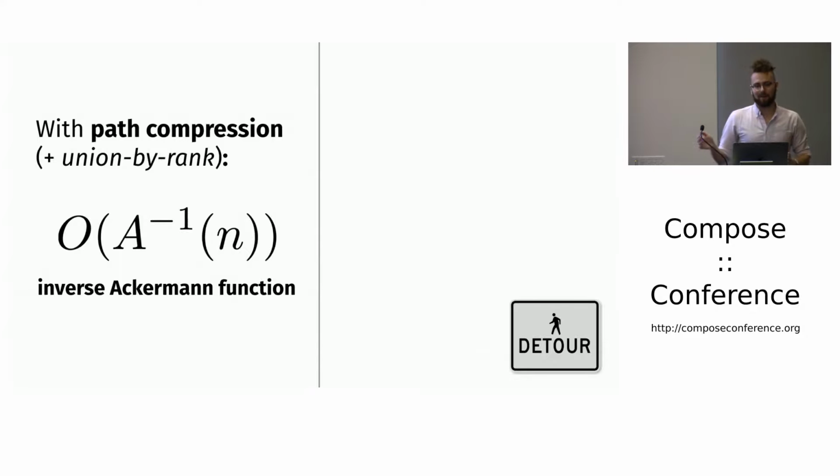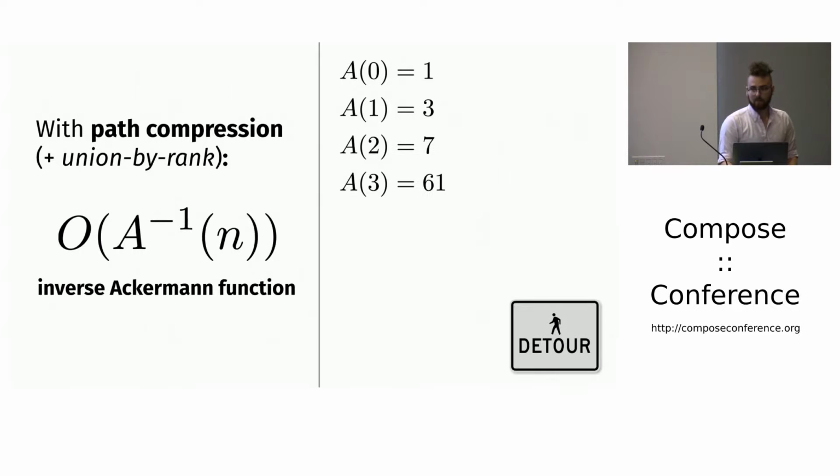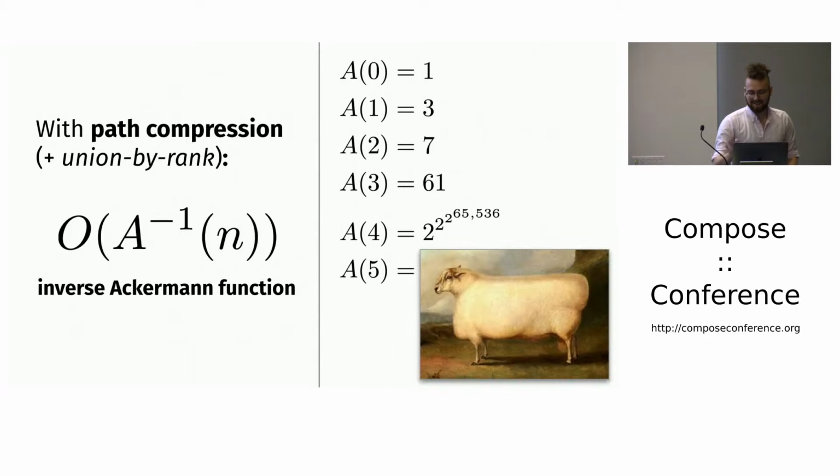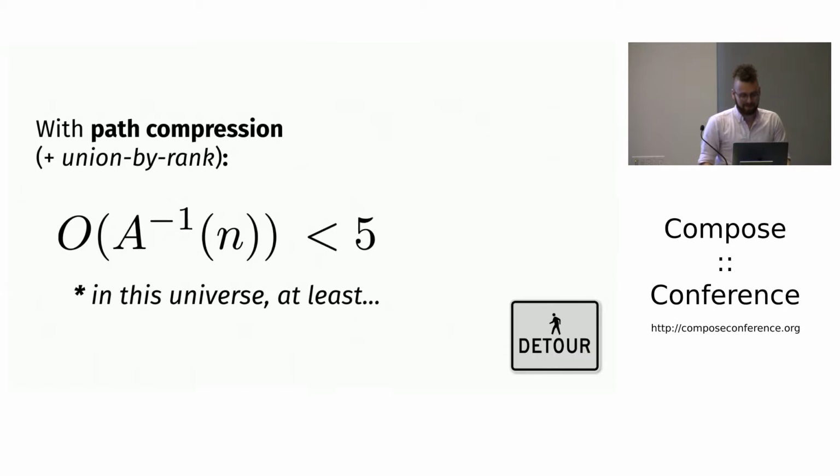Now, the inverse Ackermann function, the Ackermann function gets very big very fast. It goes like 1, 3, 7, 61, and then Ackermann of 5 is a very large number, just extremely large, an absolute unit of a number.